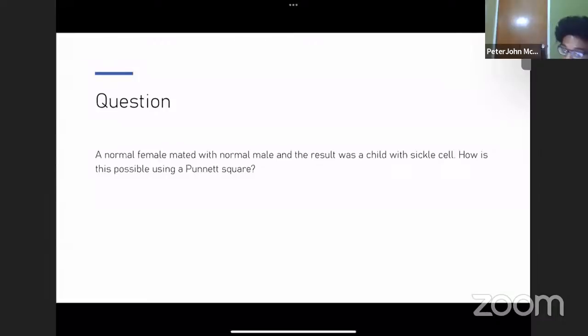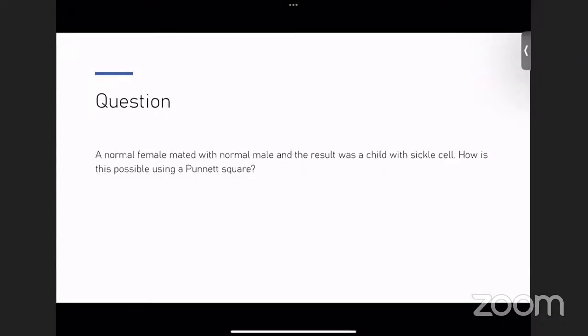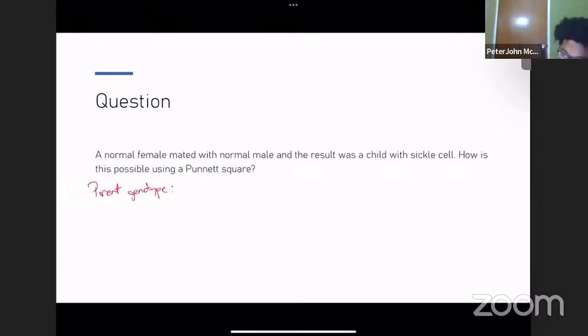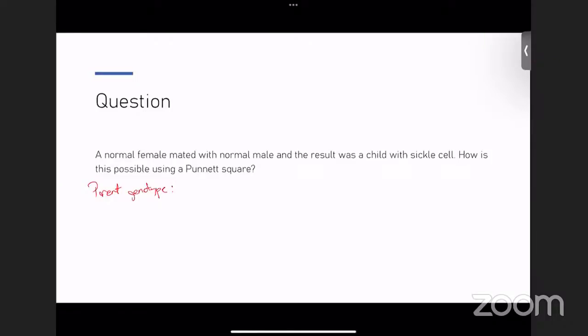So what do we start with? The genotype. What's the genotype of our parents? A normal male and a normal female.